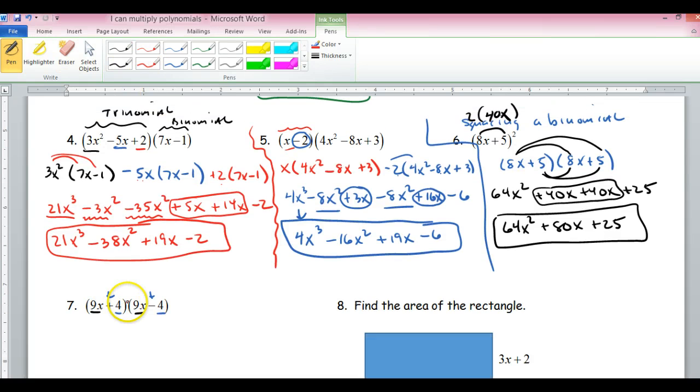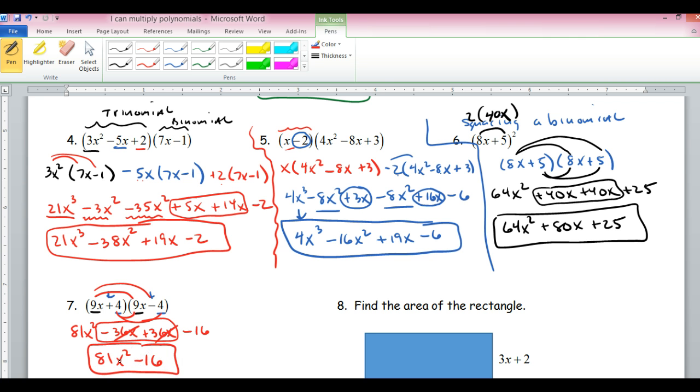But when we have a sum and difference, when we multiply 9x times 9x, 81x squared, 9x times negative 4, negative 36x, 4 times 9x is plus 36x, 4 times negative 4 is negative 16. But when you combine the two middle terms, these eliminate. So you end up with 81x squared minus 16.